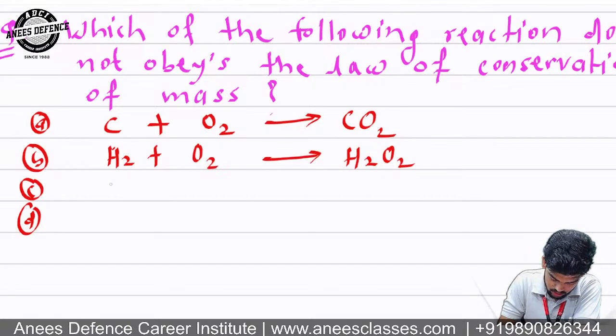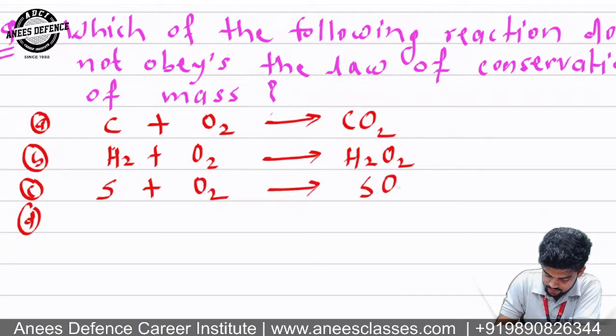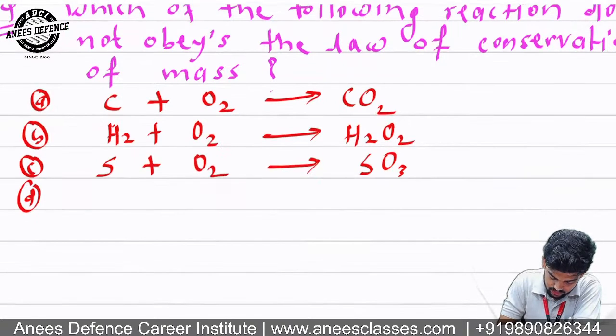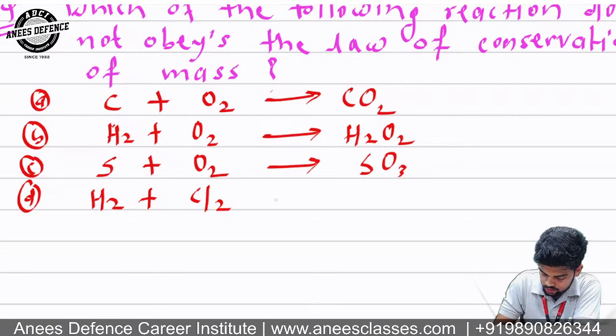Next, sulfur plus oxygen gives you SO3. Last one, H2 plus Cl2 gives you 2HCl.